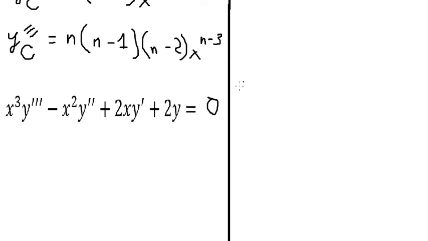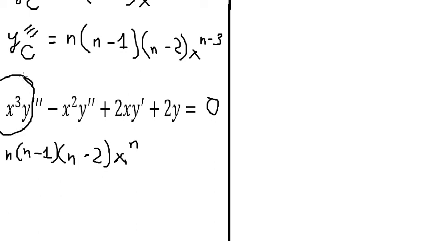Now if we look carefully, we have s to the power of 3 multiplied by s to the power of n minus 3. You get s to the power of n. Similar for this one, and you get n multiplied by n minus 1, n minus 2, s to the power of n.